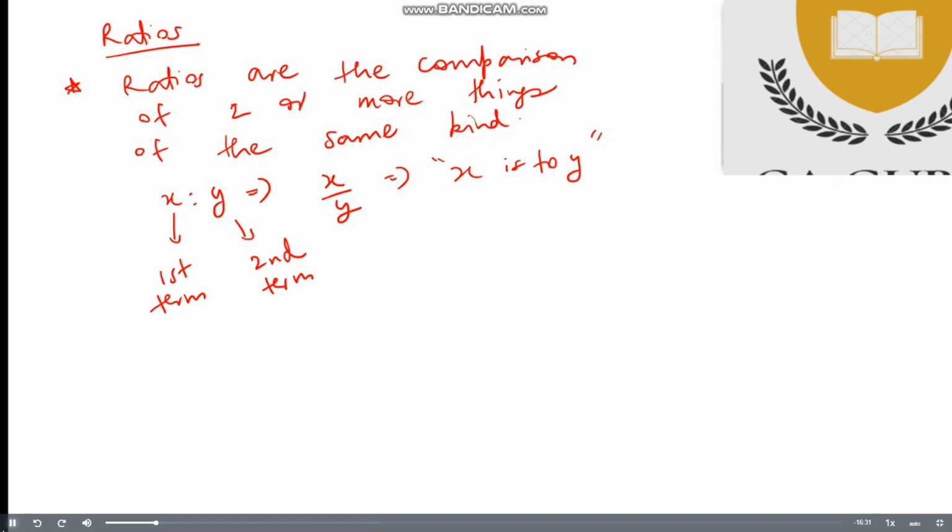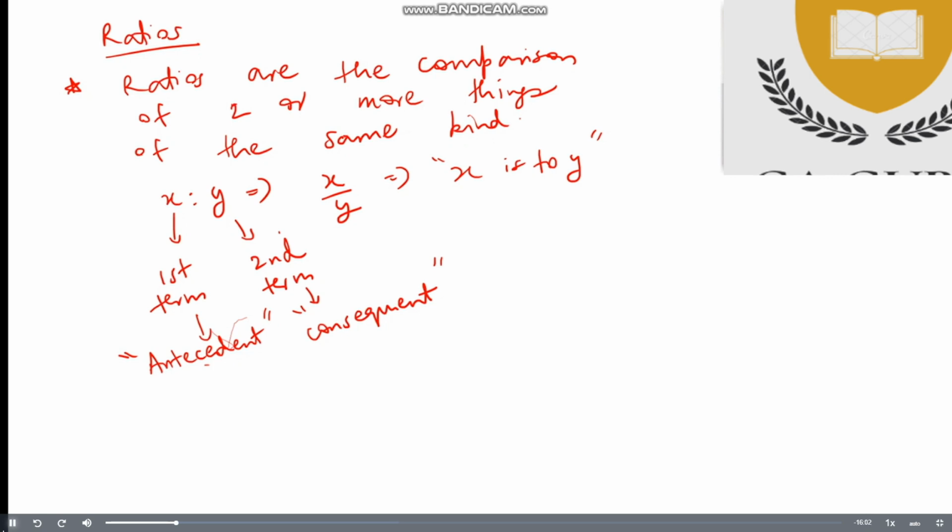The first term is also called the antecedent, and the second term is also called the consequent.